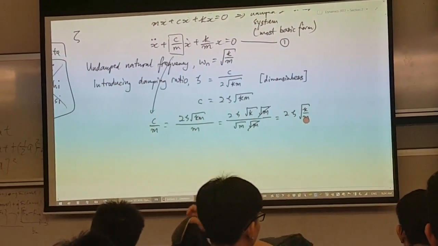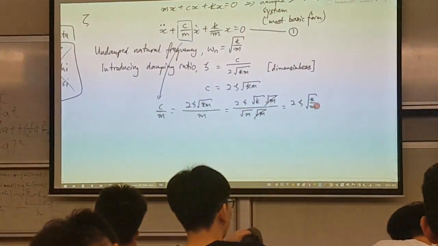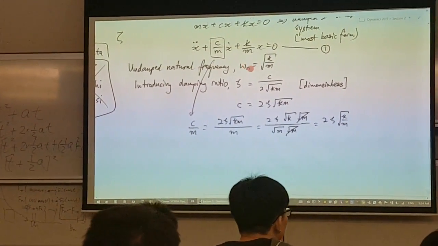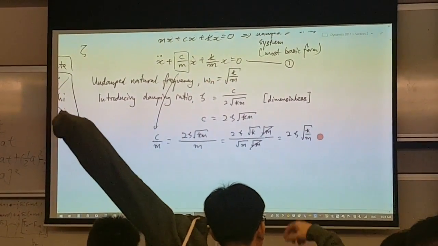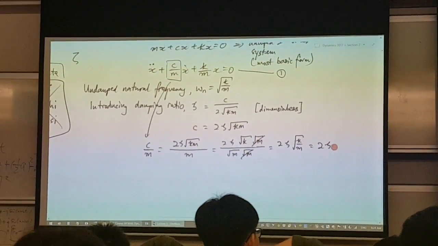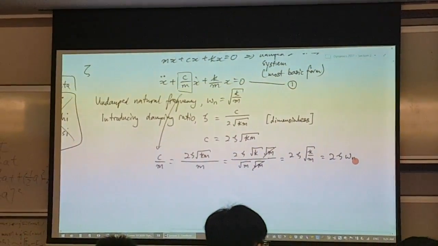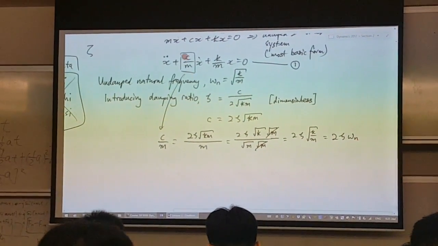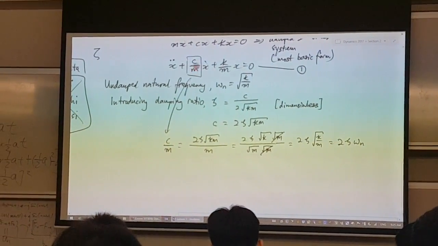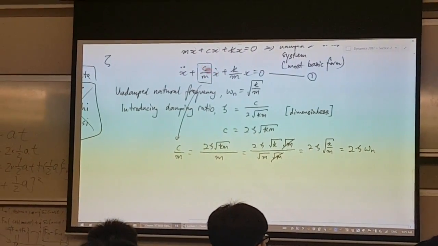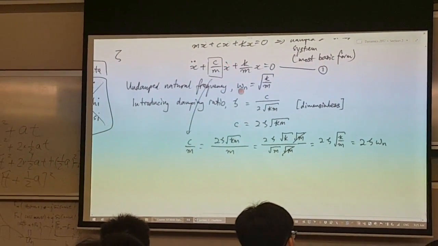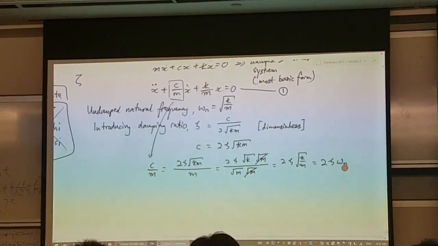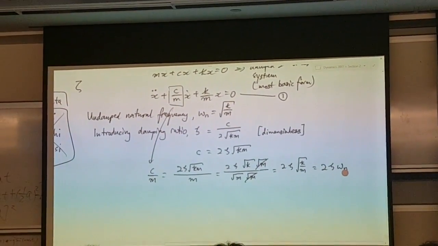This term square root k over m sounds good to us, because isn't that the same as my undamped natural frequency omega n? So I replace it: 2 zeta omega n. Wow, magic. So the coefficient that comes with the x dot will be equal to 2 zeta omega n, and later on we'll make use of that.